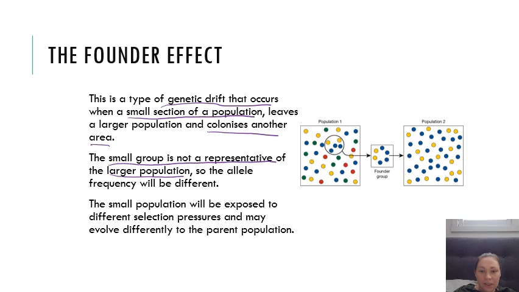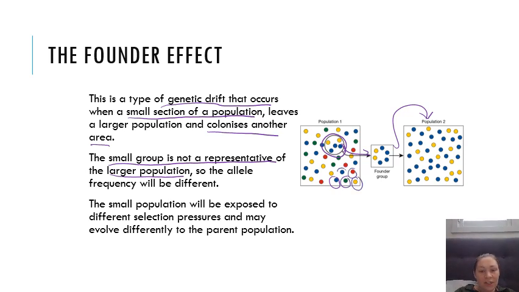Once a founder group is established, the new population that they've colonized only contains blue and yellow alleles, as opposed to the original population, which contained blue, green, red, and yellow.